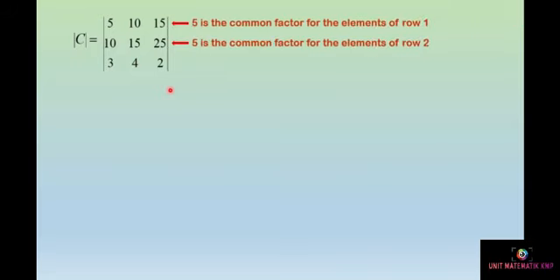Then find determinant C. First, write matrix C in determinant form. Look at the first and second row. We can see that 5 is the common factor for the elements of row 1 and row 2.